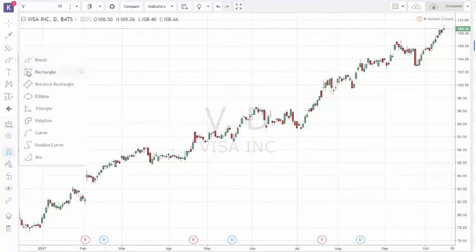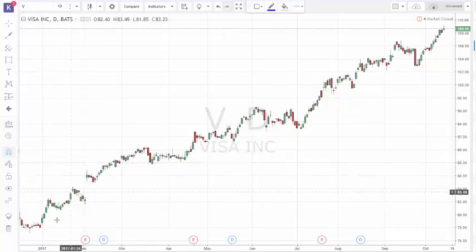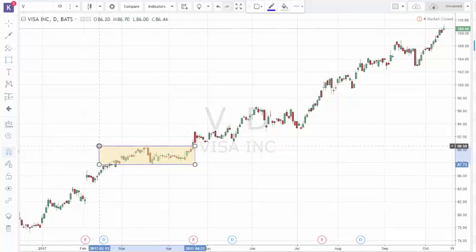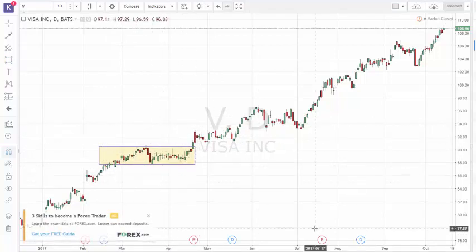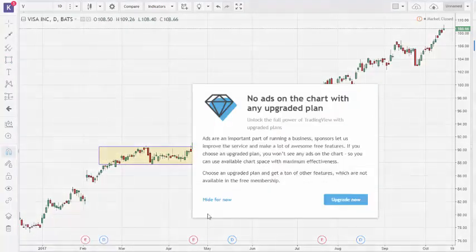I try to determine that price has been trending here, and then price starts to consolidate. Consolidation to me is when price is in a certain range, and it doesn't seem to leave that range. For example, this has been a certain range where price has moved up and down in this area.